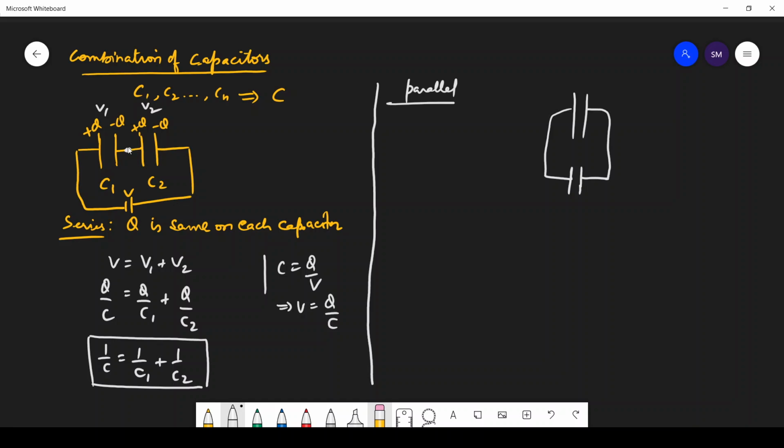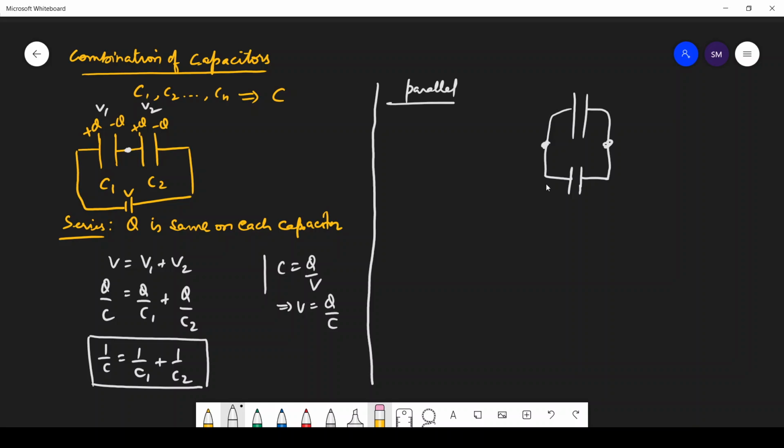So both the terminals are not connected directly. But here both the terminals of the capacitors are connected directly. So whether it is the case of capacitors or resistors or even cells, series means that only one of their terminals is connected, and parallel means both the terminals are connected directly.